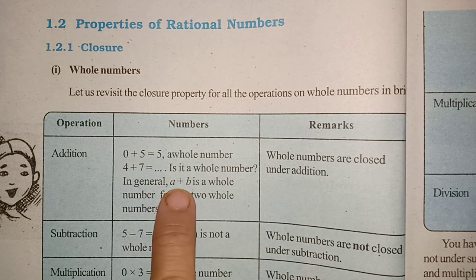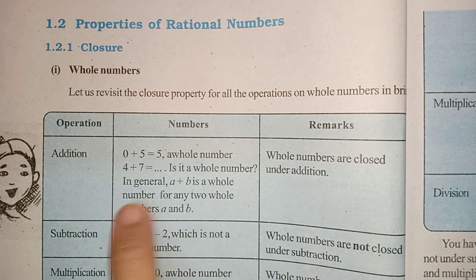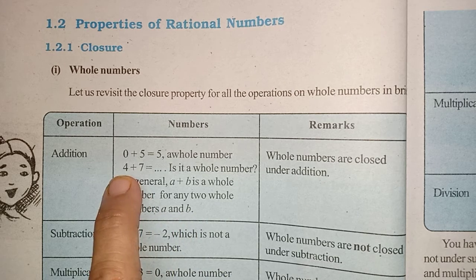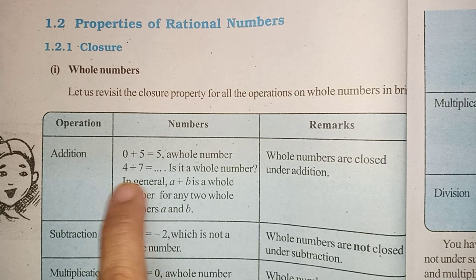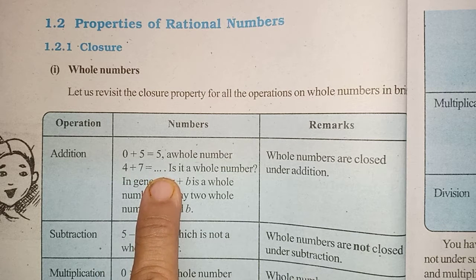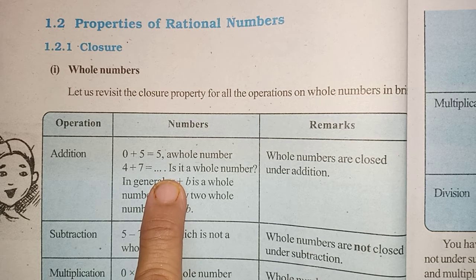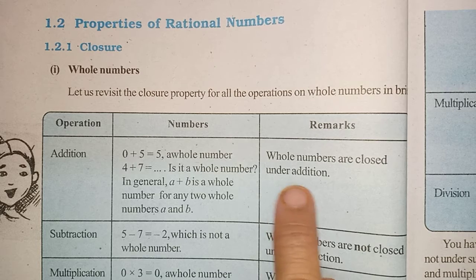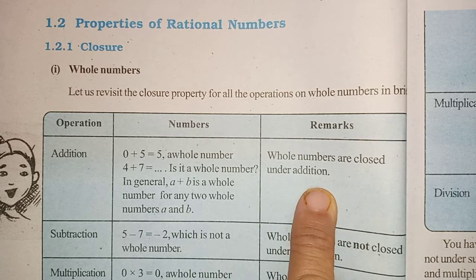In general, a plus b is a whole number for any two whole numbers a and b. If the first and second numbers are whole numbers, then we will always get the answer as a whole number. So therefore, whole numbers are closed under addition.